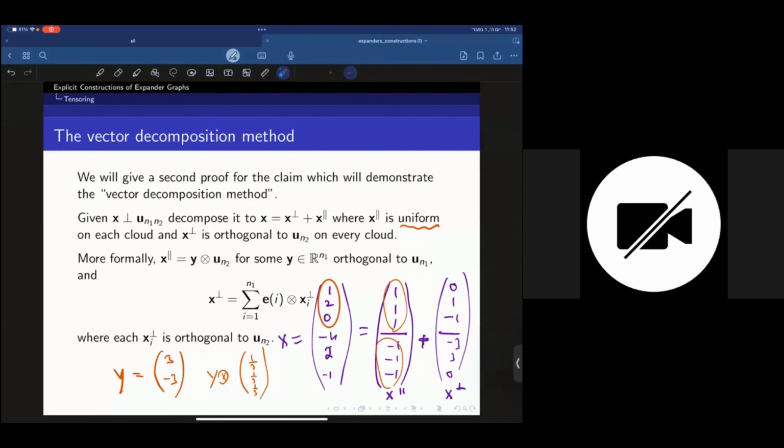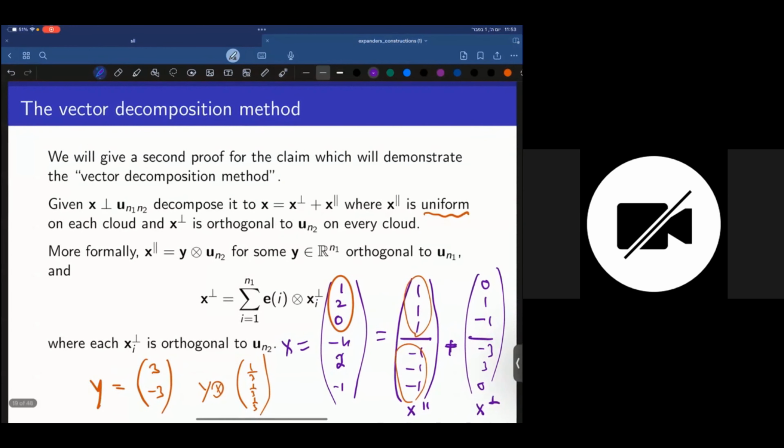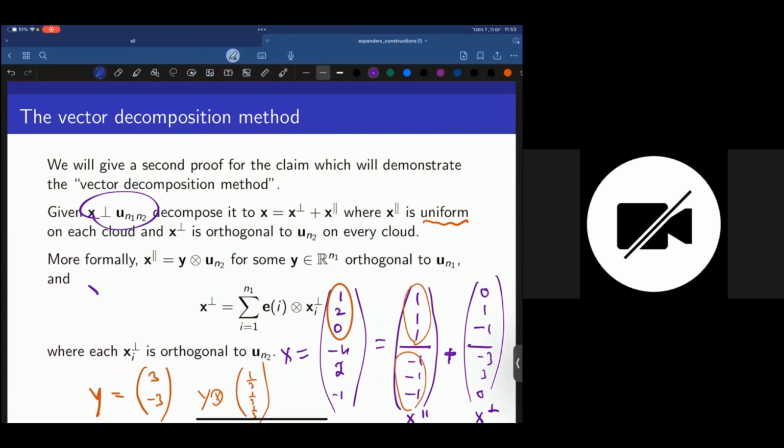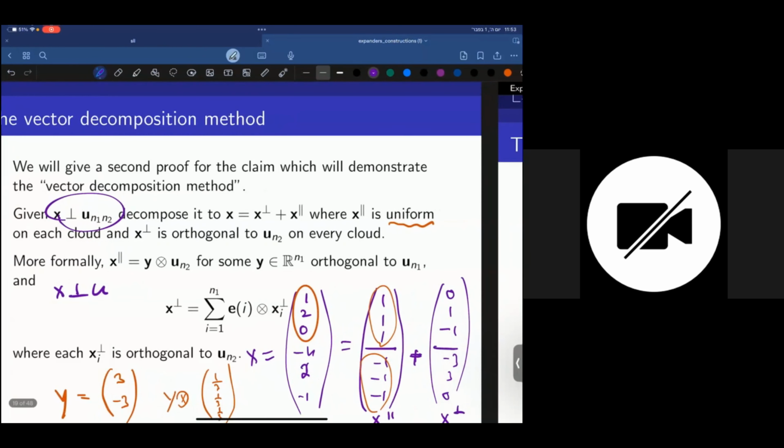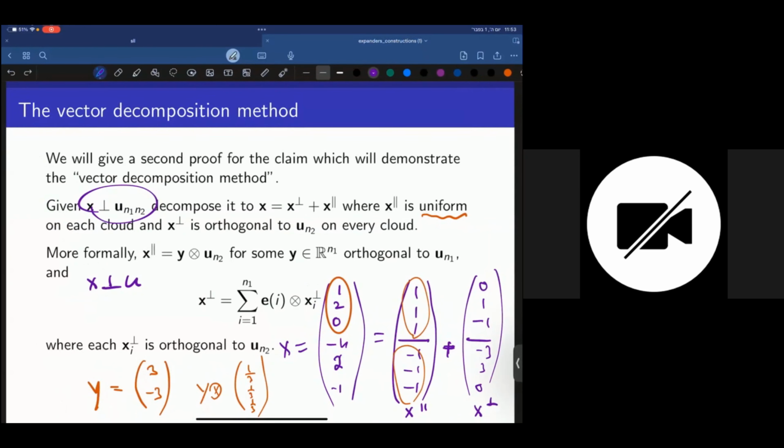Maybe there's a simple way. Because in the tensor product, like u and n1 and n2, that's why it could happen that in one dimension we got this phenomenon. Let me just say it again. We know that x is uniform in this big world, n1 and n2, and we wrote it as x parallel plus x perp.